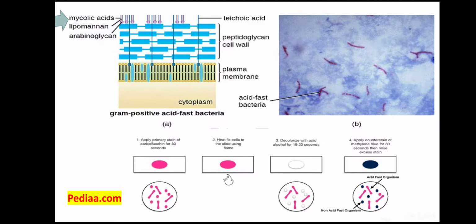Whenever we stain it with stains like carbol fuchsin and decolorize it with acid or acid alcohol, this mycobacteria will resist that decolorization. It is because of this mycolic acid. The stain will go into this bacteria, but it will not come out. It will not decolorize even with the action of strong acids and acid alcohol mixtures.